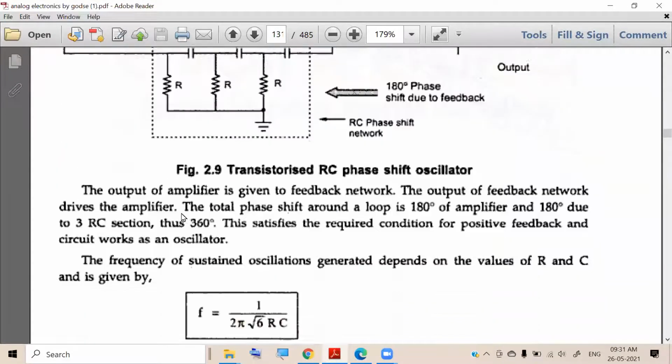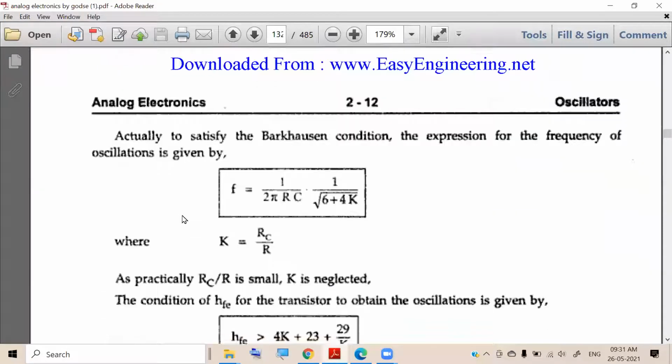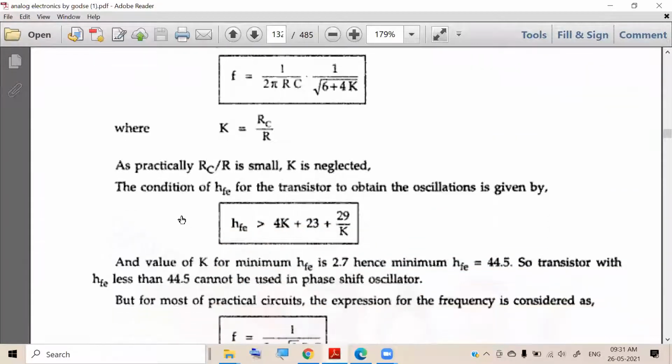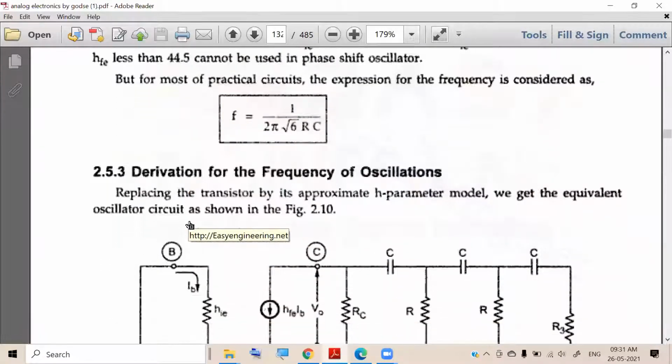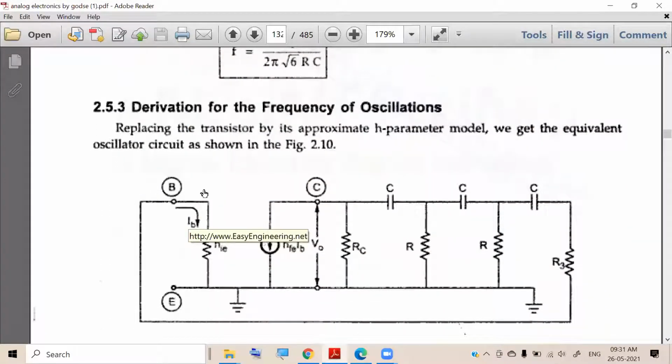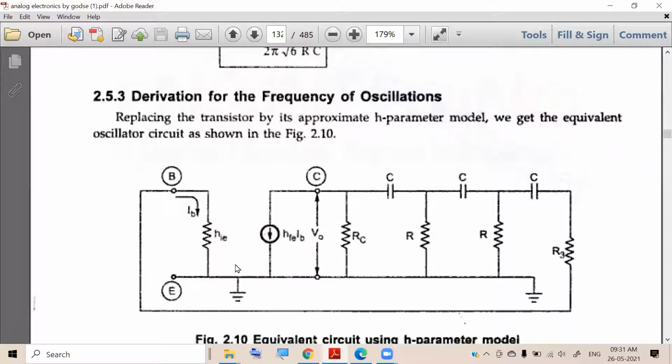Already in the equivalent circuit, we have seen in the first unit so many times that at the input side we have hie. The approximate model of the transistor has only two components, hie and hfe IB.